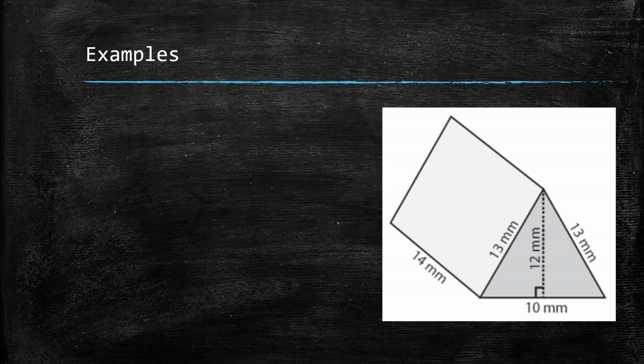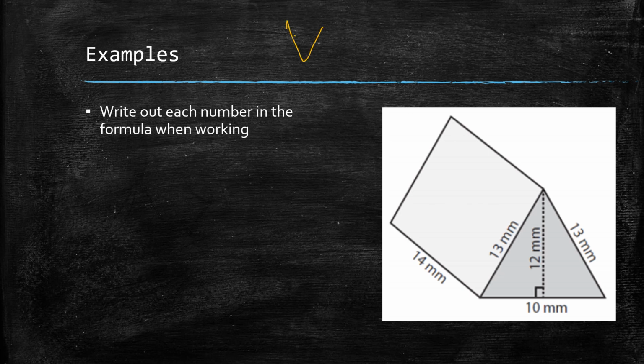Okay, so look at this first example. Very important that you write out each number in the formula when working. So real quick, your formula is the volume equals the base times height times the length of the shape. We are going to divide by 2.